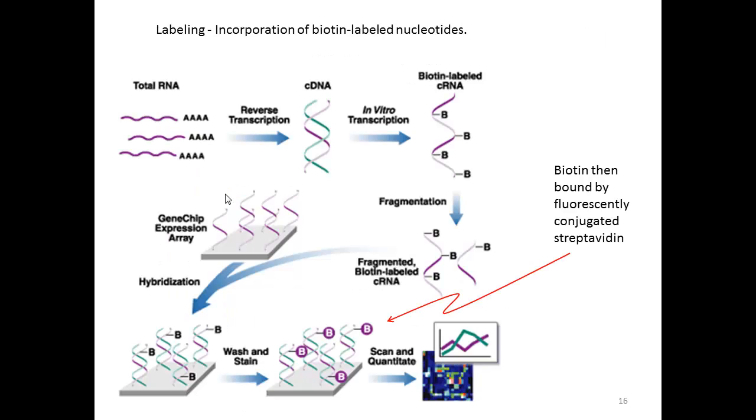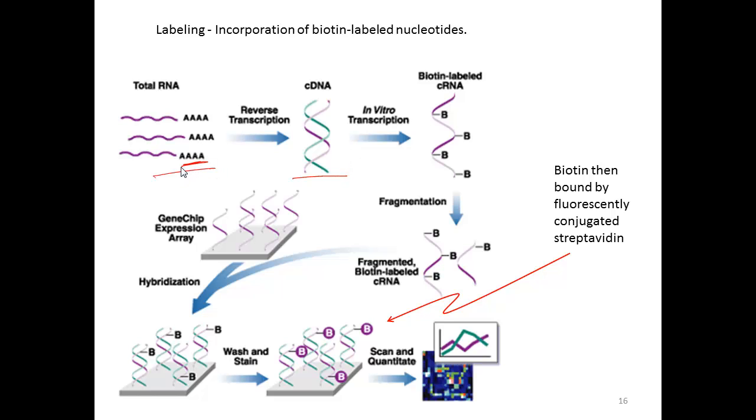Now the labeling of a sample for Affymetrix chips is a little more involved than that for spotted microarrays. Spotted microarrays was pretty simple. We took the mRNA, we did a reverse transcription which incorporated amino allyl nucleotides, and then we chemically made them fluorescent. In Affymetrix chips, we're going to take total RNA, we'll take oligo dT primers, we will then do reverse transcription and second strand synthesis, so we'll have double-stranded DNA.